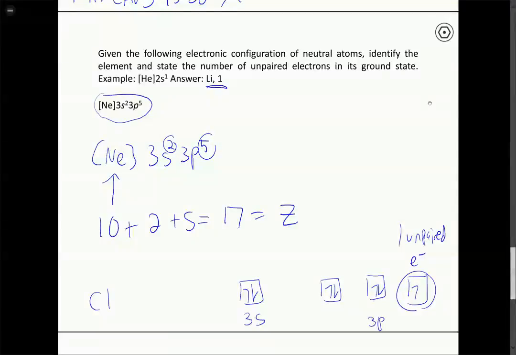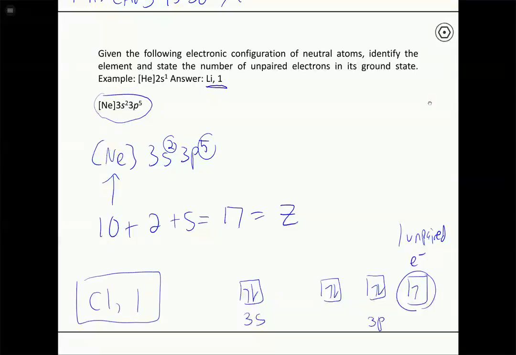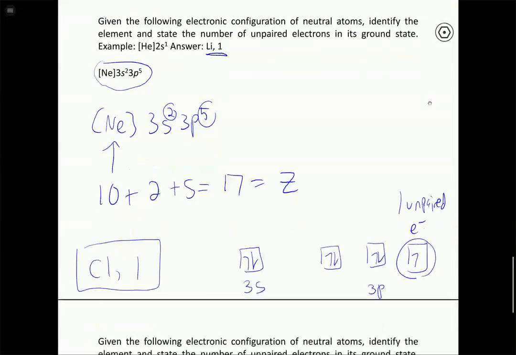Okay, so we have these two are paired, spin up, spin down, spin up, spin down, but then in this p orbital here we have 1 unpaired electron. So the correct answer then would be Cl, space 1, if you want to format it correctly. So the element is chlorine, and we just wanted the symbol, and then we have 1 unpaired electron.